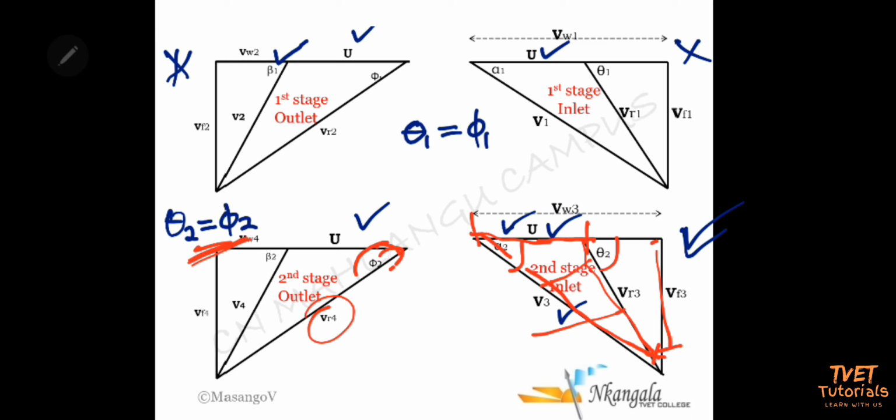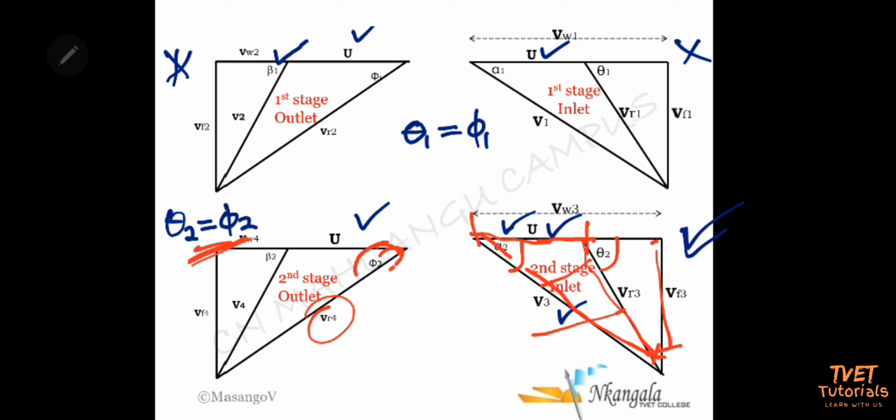So when we start drawing the outlet of the second stage, we will have U, phi 2 and VR4. That's enough to be able to draw.